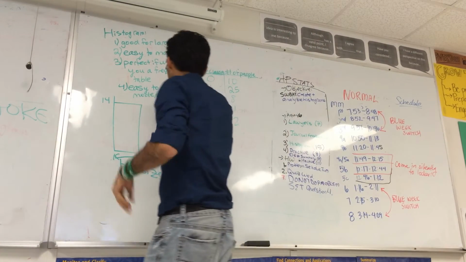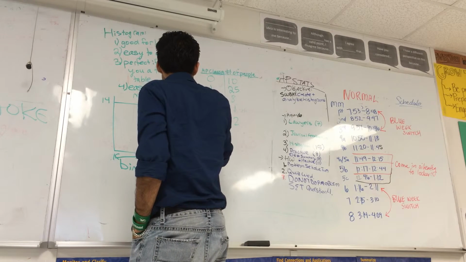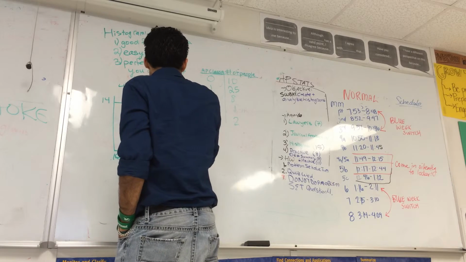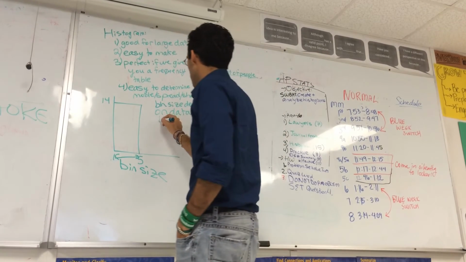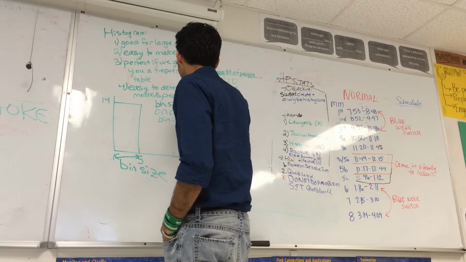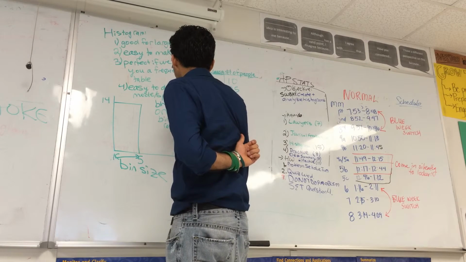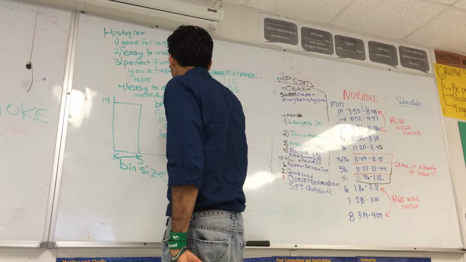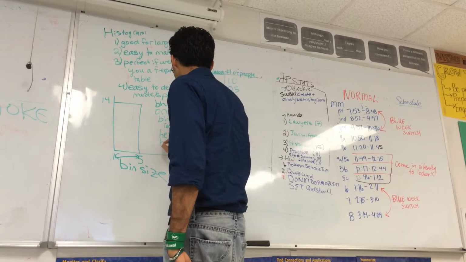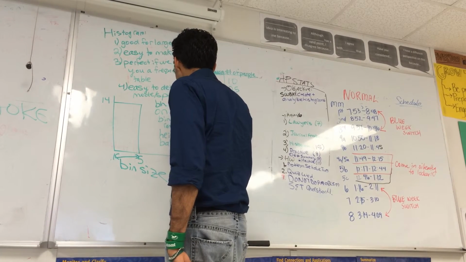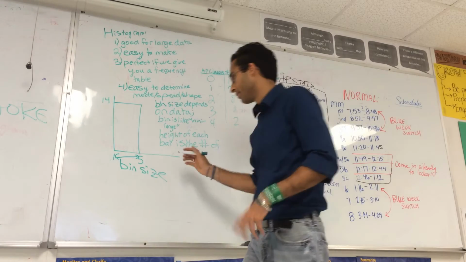Okay, so hold up. I'll take that question. So, bin size depends on data, and a bin is like a mini range, and the height of each bar is the number of data points within the bin.